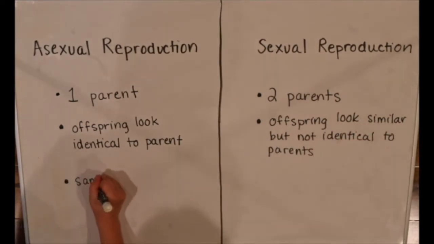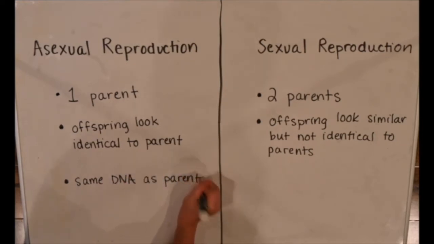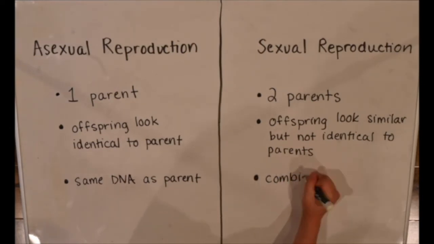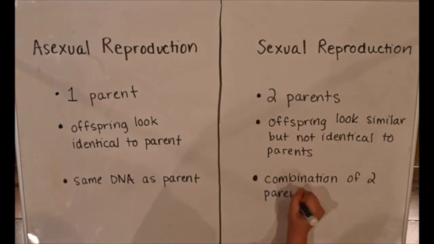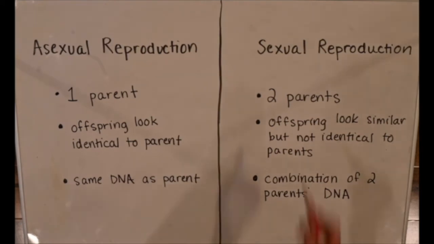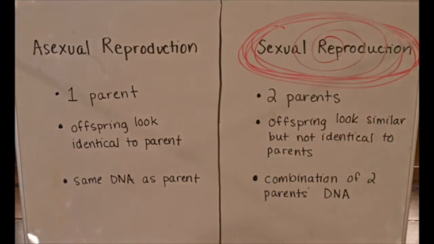The offspring in asexual reproduction have the exact same DNA as the parents, which explains why they look identical to their parents. And on the other hand, with sexual reproduction, the offspring have a combination of the parents' DNA, which is why they look similar to each of their parents, but not exactly the same. For the rest of the video today, we will be exclusively focusing on sexual reproduction.